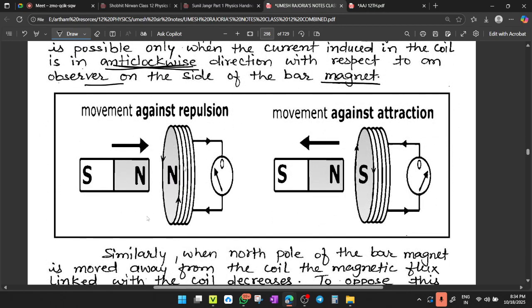So this is a north pole, development of north pole here, like north pole is coming closer to the coil. So here is the development of north pole. Anti-clockwise direction developed here. So the galvanometer moved in one direction. Clear? Now, second case, movement against attraction. Yes, see here, the north pole is moving away from the coil.